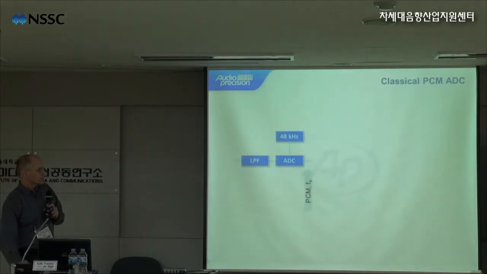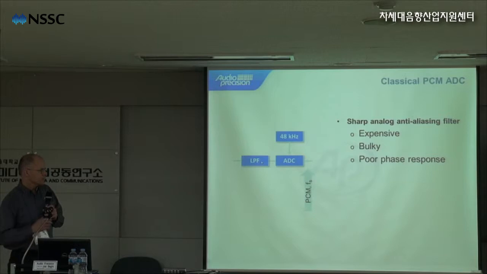Now this is a classic PCM A to D converter. So you have a sharp analog anti-aliasing filter, which is very expensive, it's bulky, and as we discussed yesterday, it'll have poor phase response.